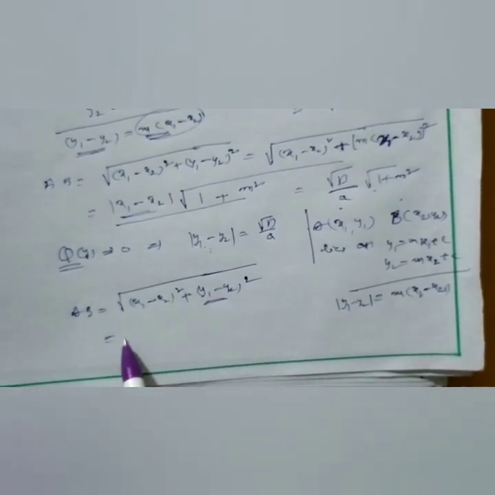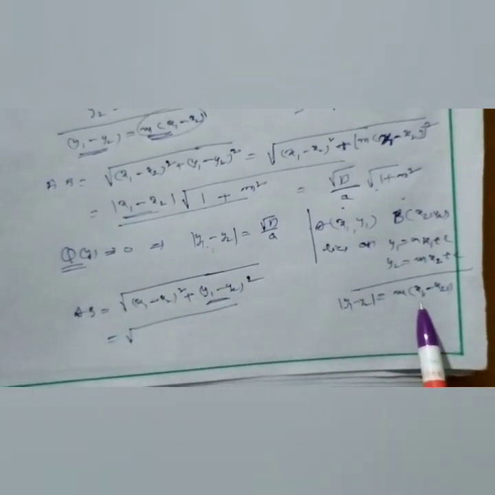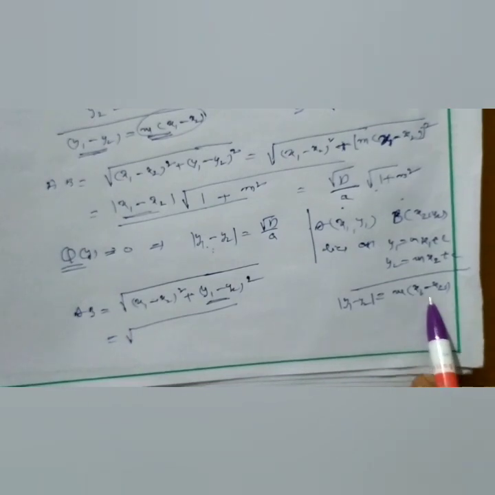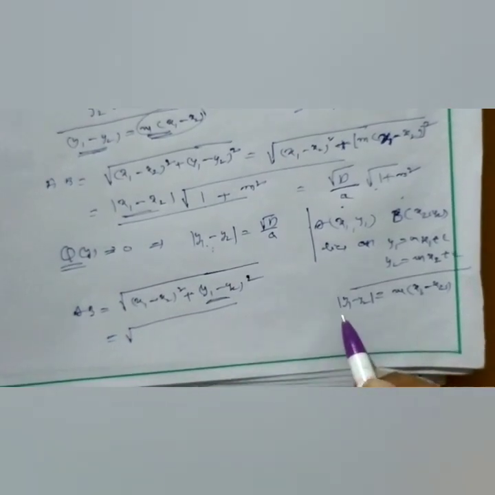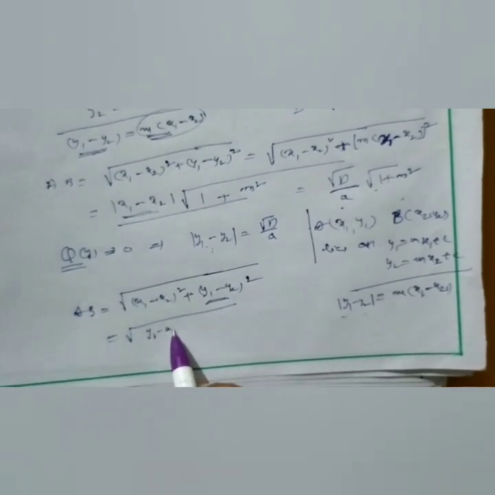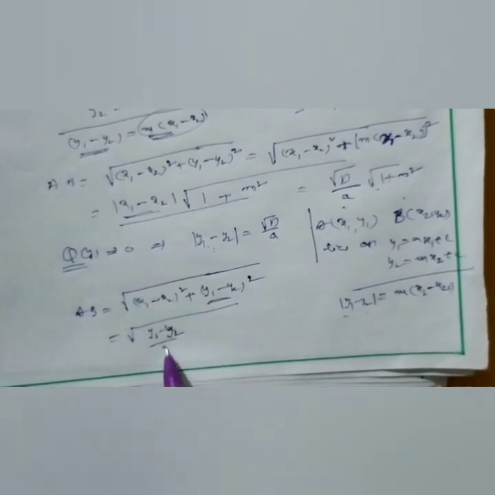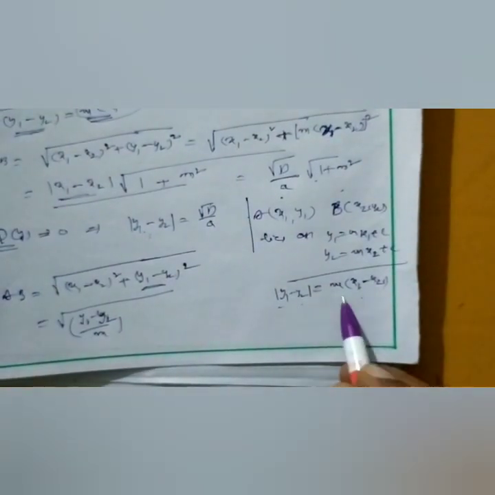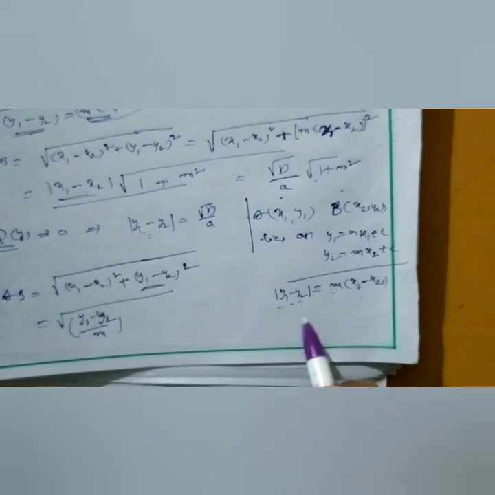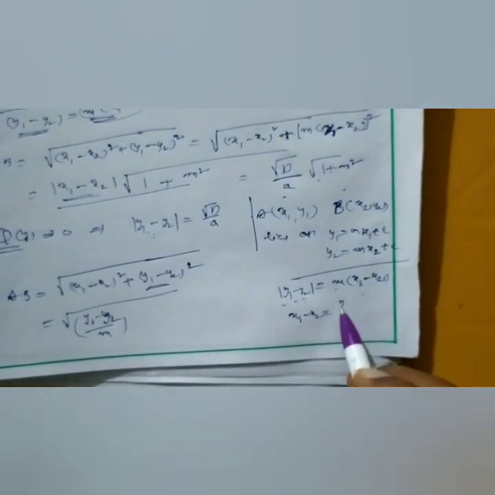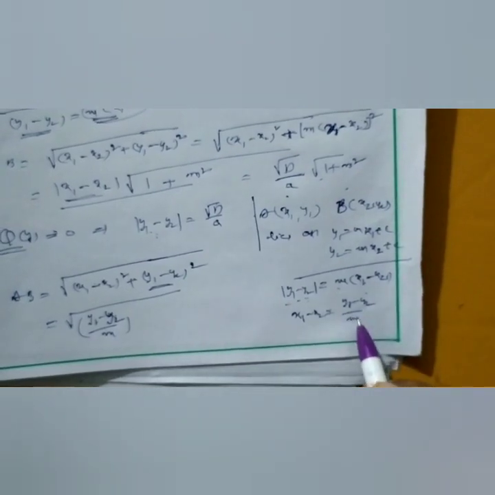So x1 minus x2 is equal to y1 minus y2 by m.